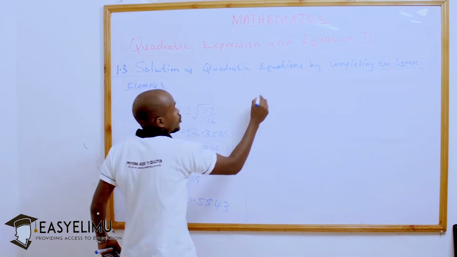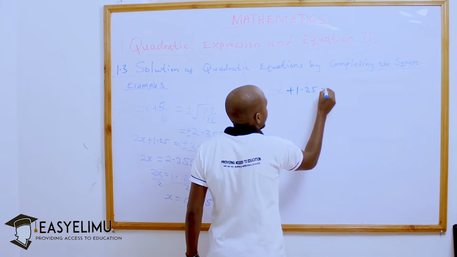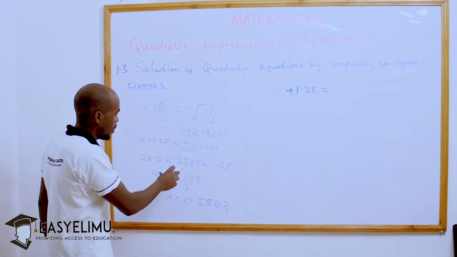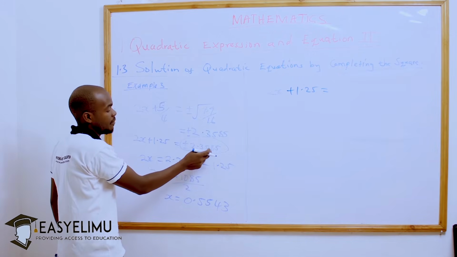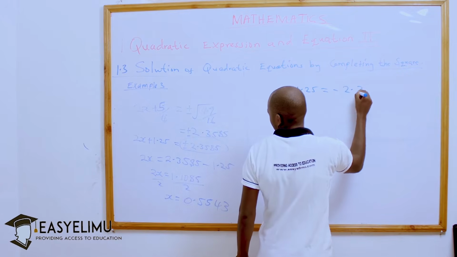For instance, having 2x plus 1.25 is equal to, here we have 2.3585. We have said we consider it as negative.